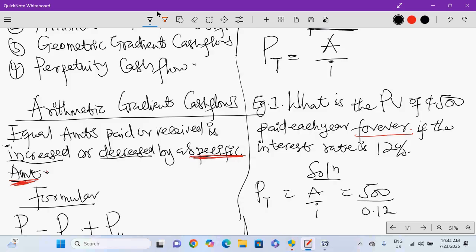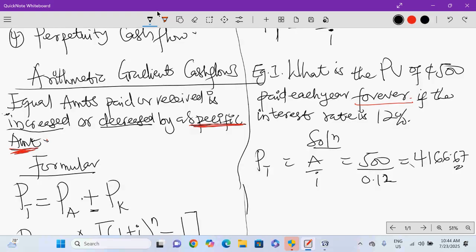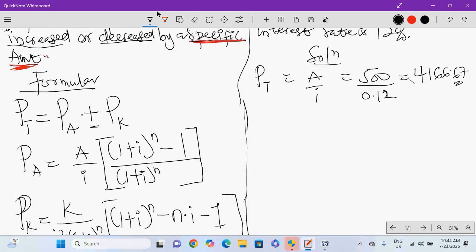So I got 4166.60. So that is the perpetuity, and that is the easiest.